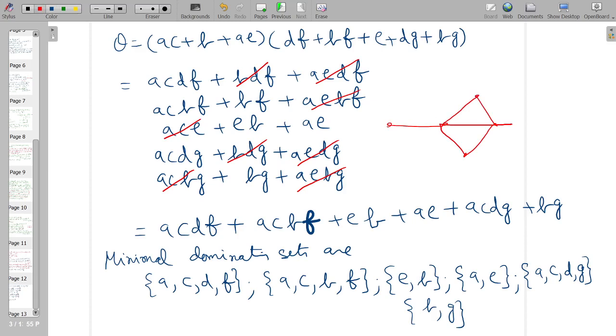This one was F, G, E, C, D, B, A. You can see here that ACDF is a dominating set, and when I remove any one element, it fails to be a dominating set. Similarly, the next one, A, C, B.